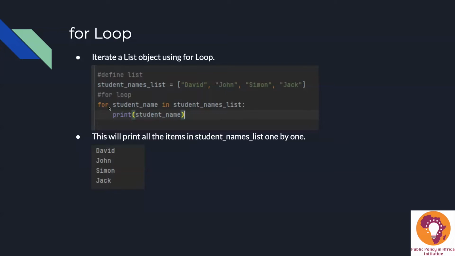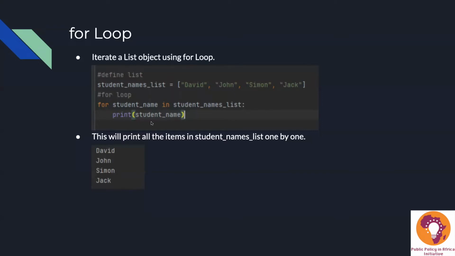Of course, you don't include the "each" here, but that's often an intuitive way to think about how this works. So we say for student name in student names list, kind of thinking in our mind for each student name in student names list. Then we do something inside of our for loop with the student name. We're almost always going to want to reference the value that we gave in our for statement inside of our for loop somehow.